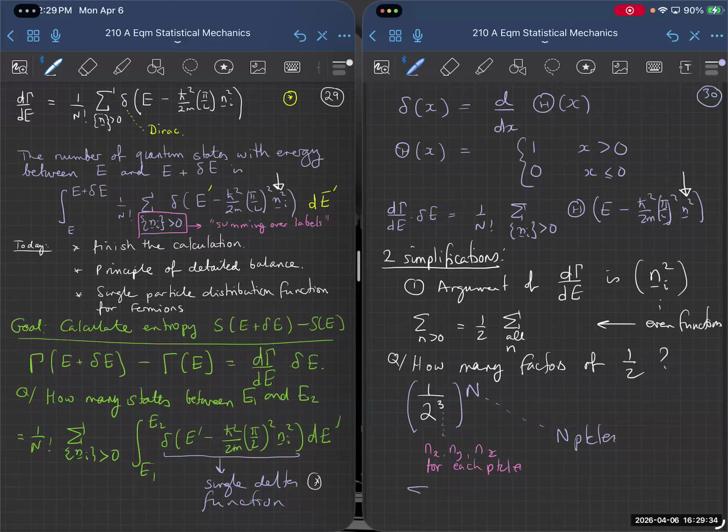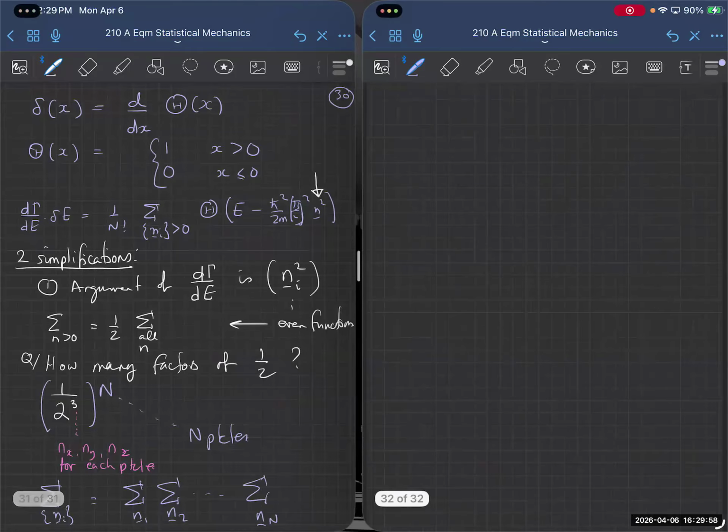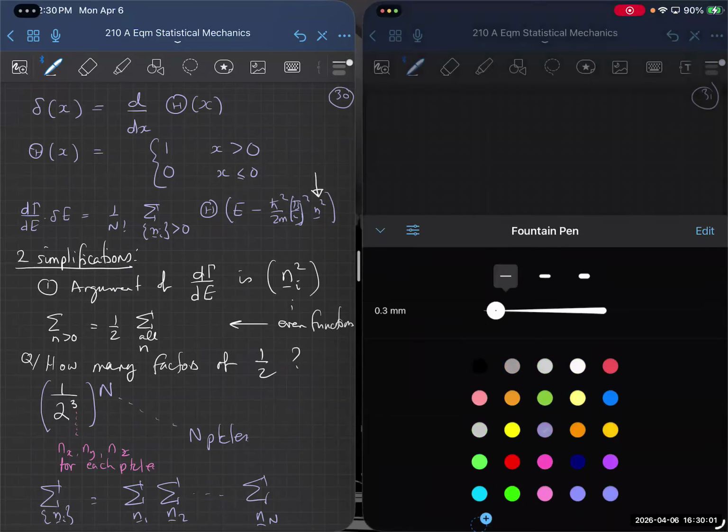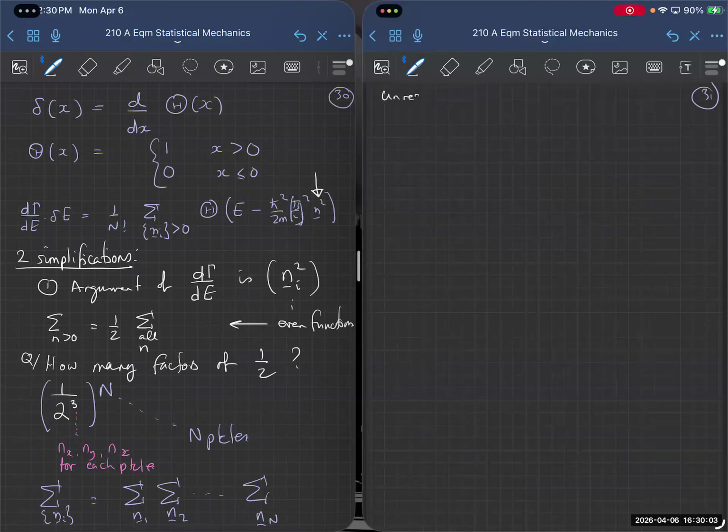When I write down this sum over all the n's, this is the sum over the n's of particle 1, the n's of particle 2, and so on up to particle N. So I get all those factors of half, raised to the power 1 over 2 to the 3N. But the great thing is, once I've done that, I can do an unrestricted sum over all quantum numbers, positive and negative.